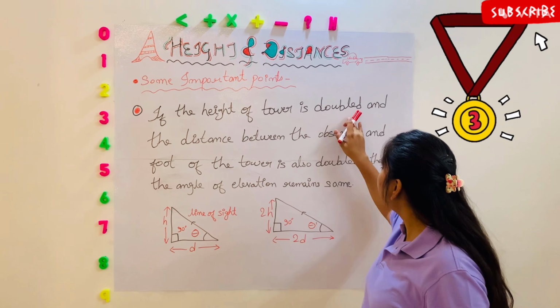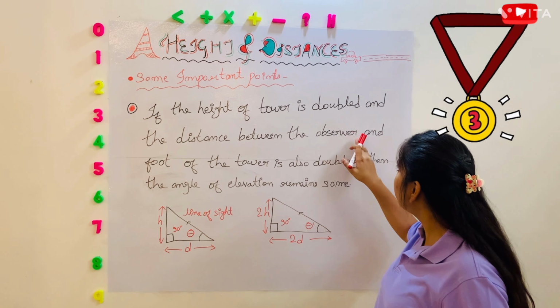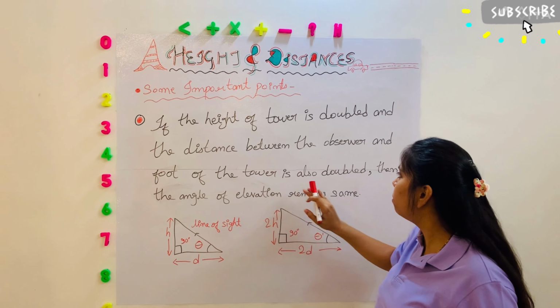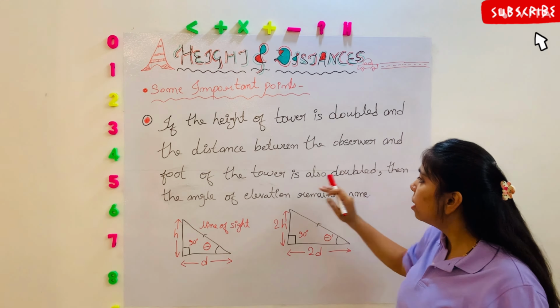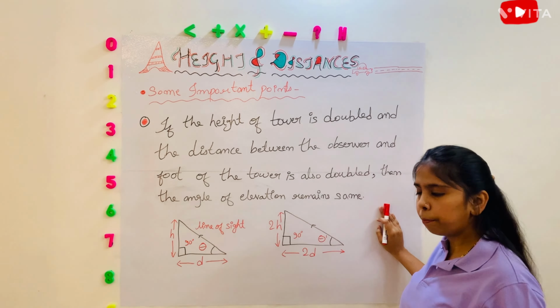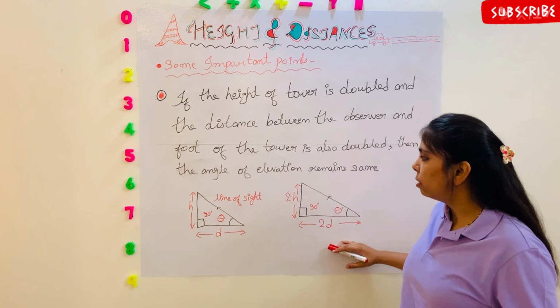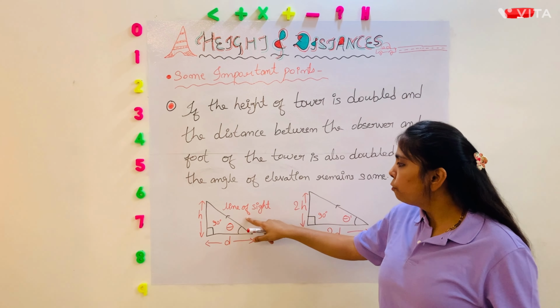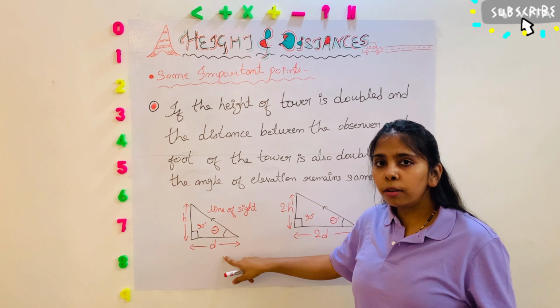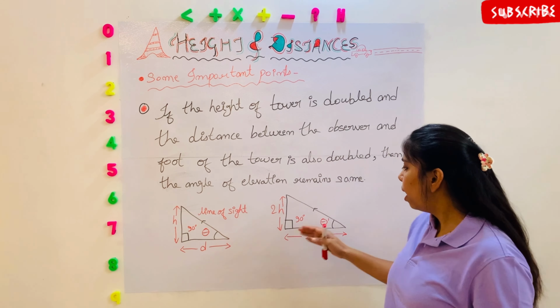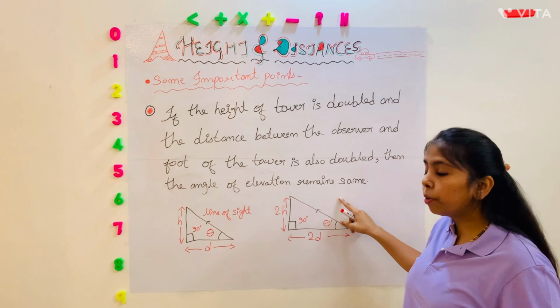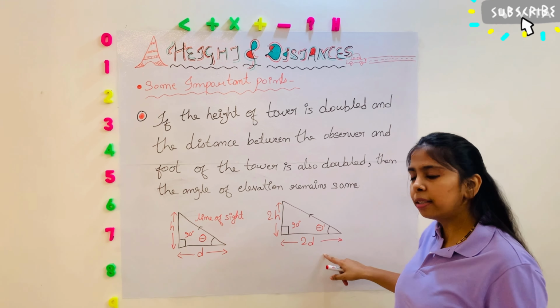If the height of the tower is doubled and the distance between the observer and the foot of the tower is also doubled, then the angle of elevation remains the same. Like here are two triangles. The angle formed between the line of sight and the horizontal line is theta. And in the second triangle, the angle formed between the line of sight and the horizontal line is theta dash.